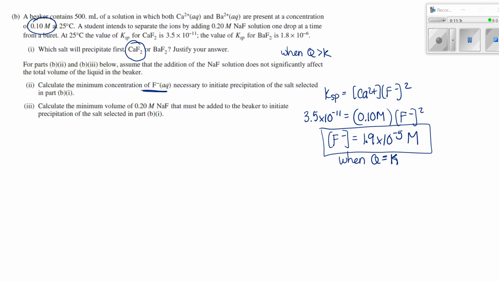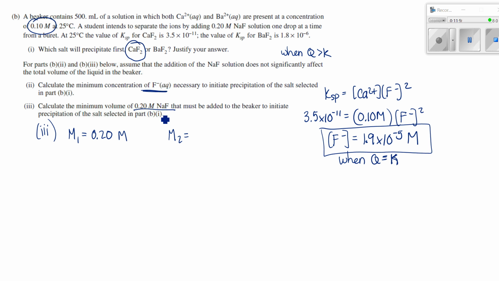And then this part B triple I is just an application of molarity, so it's just like applying your concentration skills. And if we write down what we know, the initial concentration of the fluoride ions is 0.2 molar.